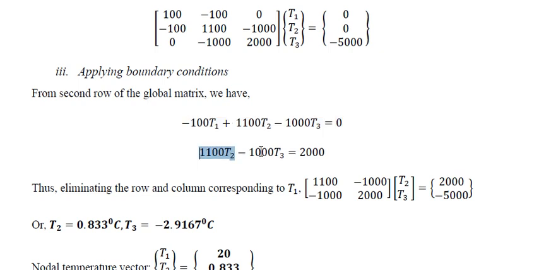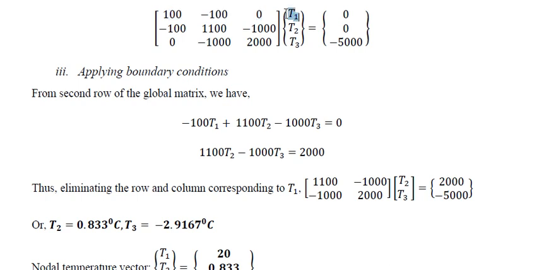So the second row is replaced by 0 T1 plus 1100 T2 minus 1000 T3 is equal to 2000. I write 0 here and replace this 0 by 2000. That is what is done, and the first row and first column are eliminated.